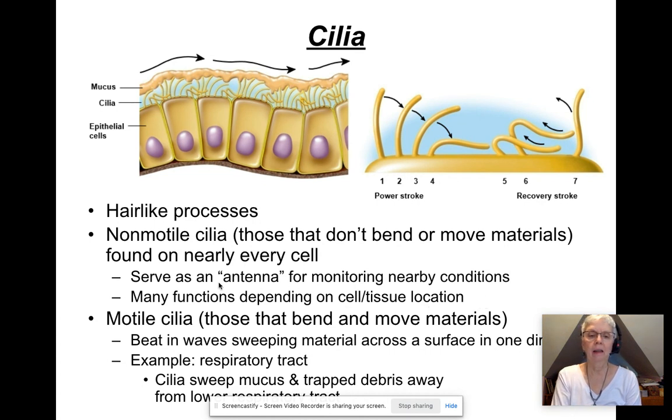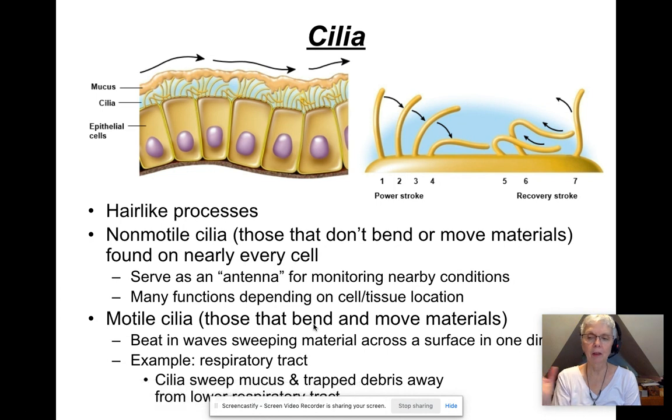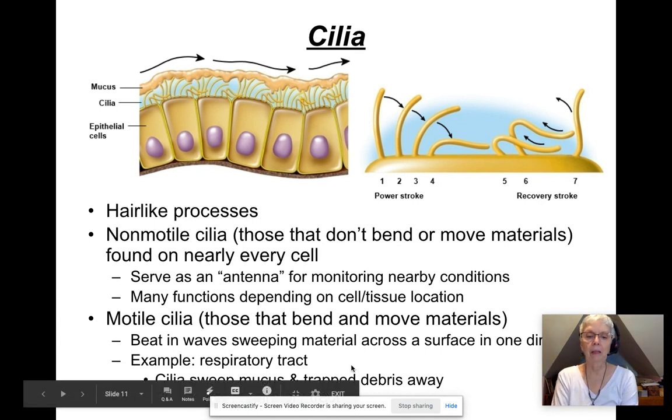And then many functions do depend on these non-motile cilia. The motile cilia, on the other hand, bend and move materials, either trapping it and pulling it into the cell or moving it along. So they beat like waves.